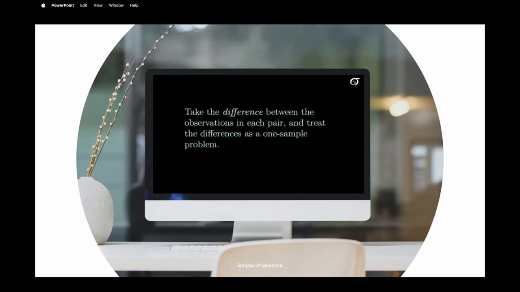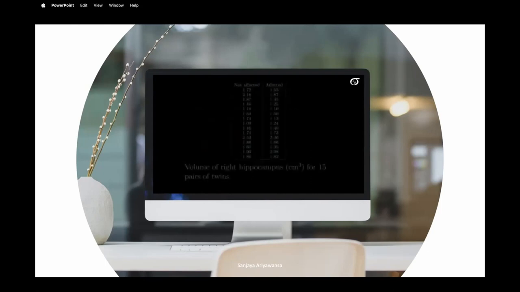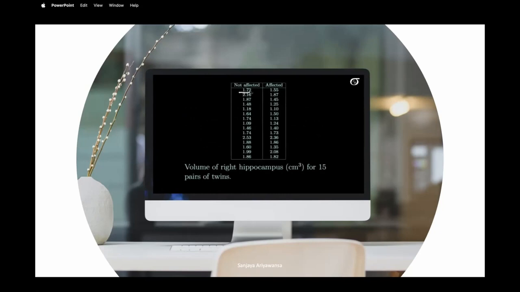And to actually do the analysis, it's going to be pretty straightforward for us, though. We take the difference between the observations within each pair, and then simply treat those differences as a one-sample problem. And if we've been keeping up to pace and we know our one-sample problems, then this is going to be pretty easy. So my difference here is going to be 1.72 minus 1.55, and I'm going to get 0.17.